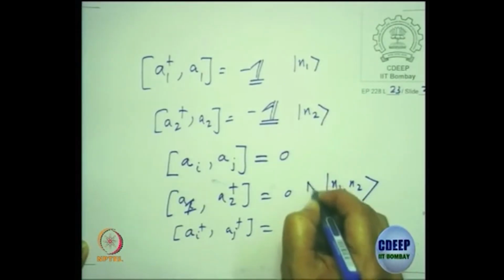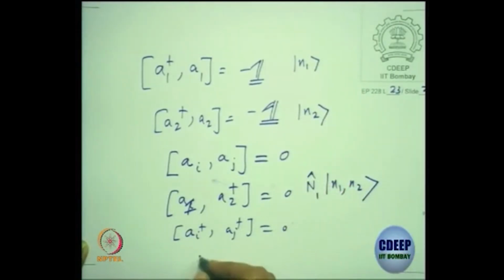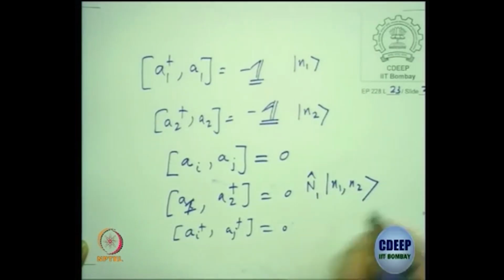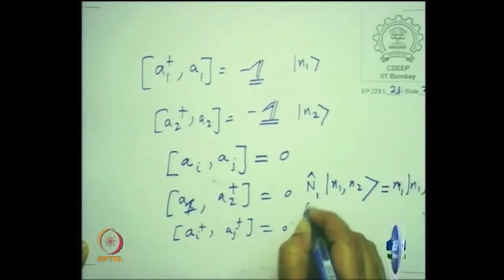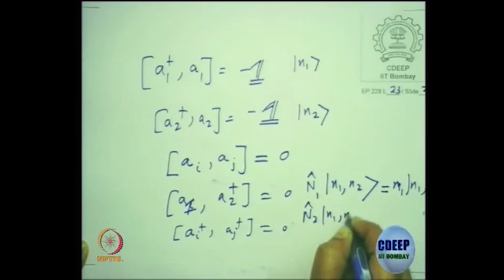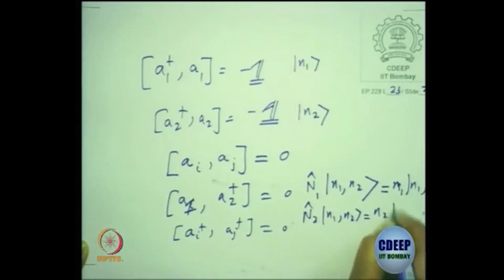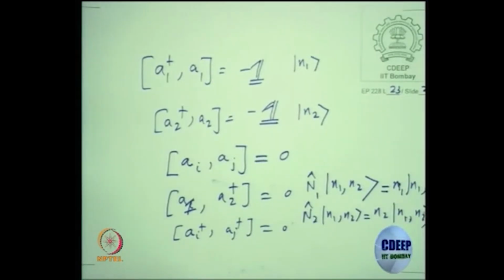If the number operator N1 operates on it, it will give you N1 times |N1, N2>. If the number operator for the second harmonic oscillator operates on this, it gives N2 times |N1, N2>. You understand, right? These are the shorthand notations for writing non-interacting systems.